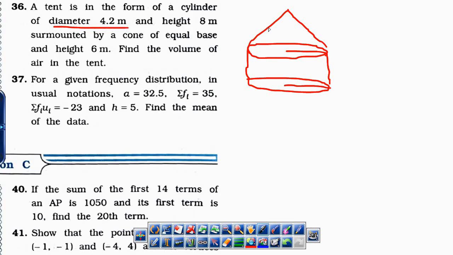Diameter 4.2 means radius is half of it, 2.1 meter. Height of cylinder 8 meter, h 8 meters. Cone of equal base and height 6. Cone's height 6. Question is, find the volume of the air inside the tent.